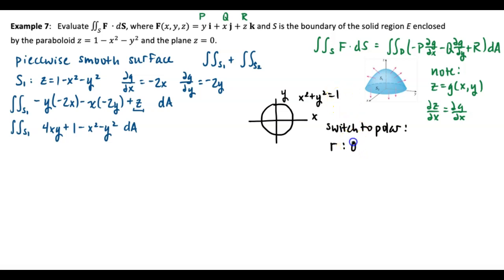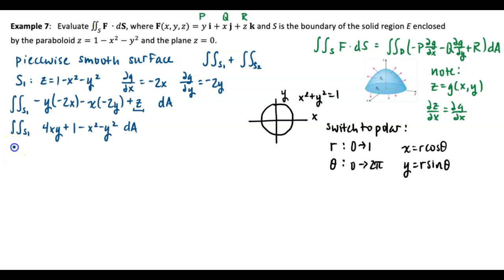Because the radius is 1, this is going to go from 0 to 1, and a value of theta, because we're talking about a revolution around a circle, that's going to go from 0 to 2 pi. Now the only thing we need to change is our x and y. Because we're switching to polar, we know that x is equal to r cosine of theta, and y is equal to r sine of theta.